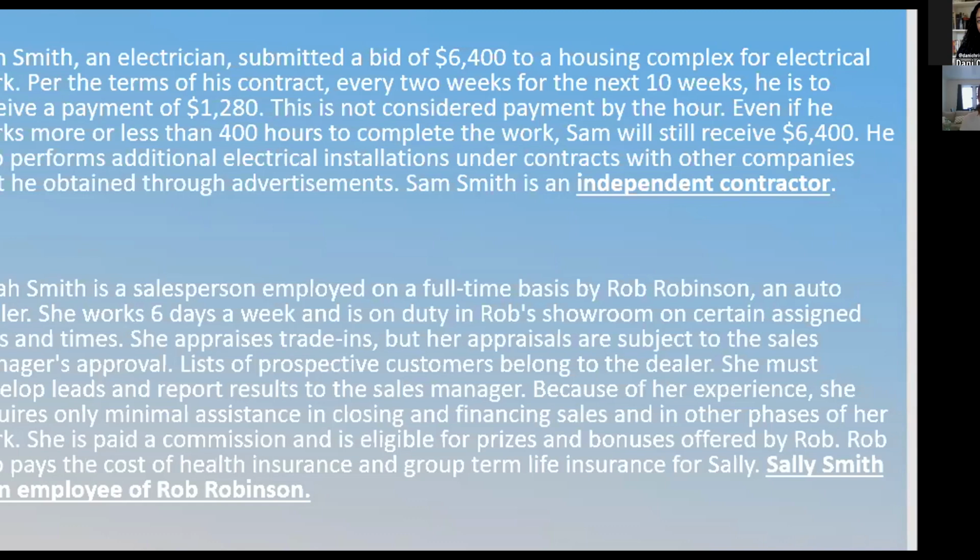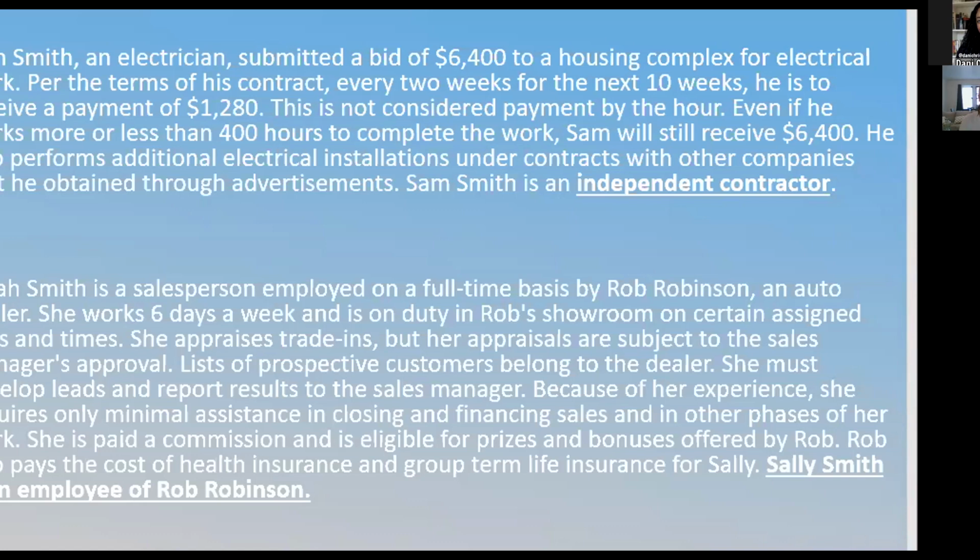Now, Sarah is a salesperson employed by Rob Robinson, an auto dealer. She works 6 days a week, is on duty in Rob's showroom, and is assigned certain days and times. She appraises trade-ins, but her appraisals are subject to the sales manager's approval, which means that she answers to someone, right?